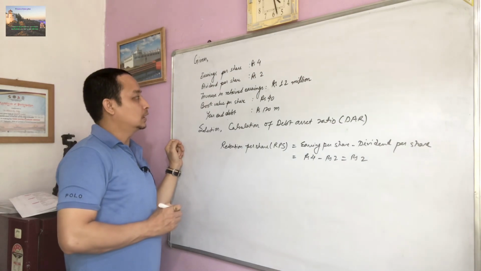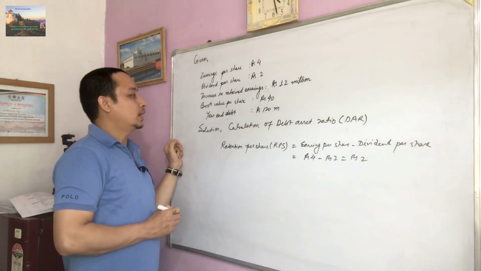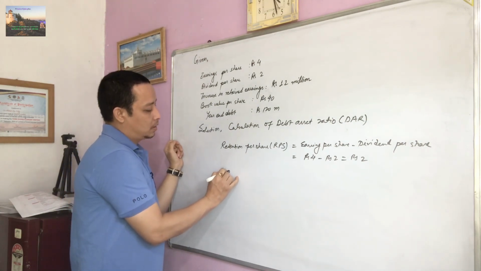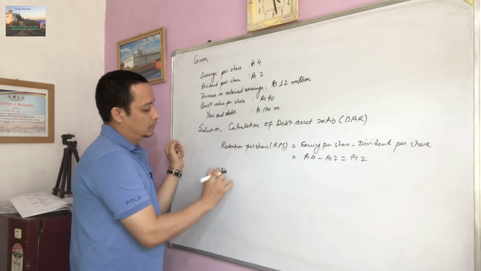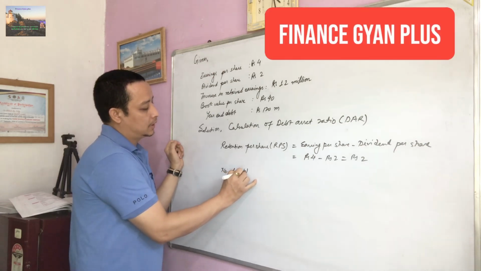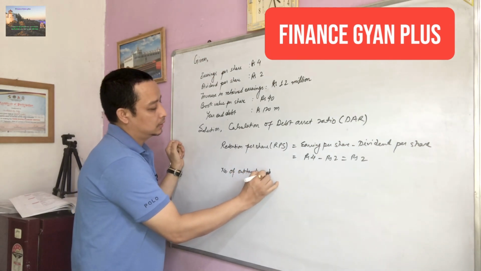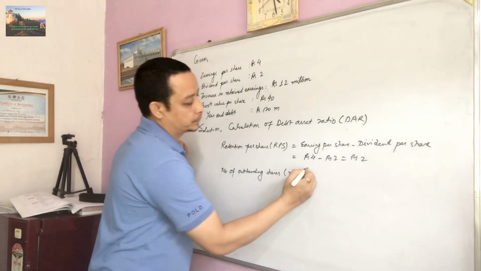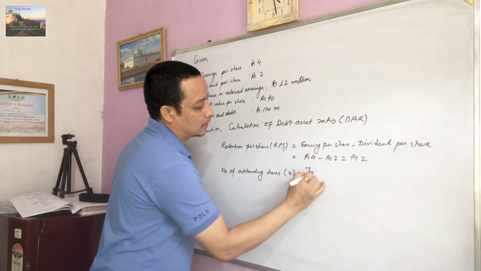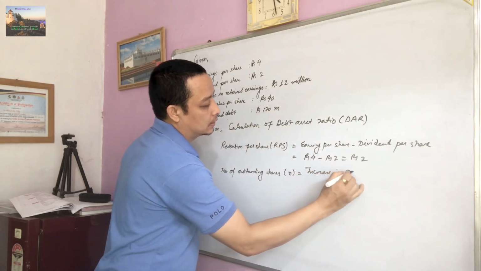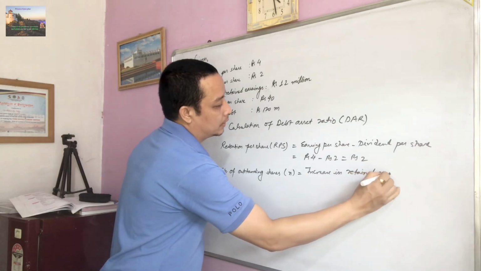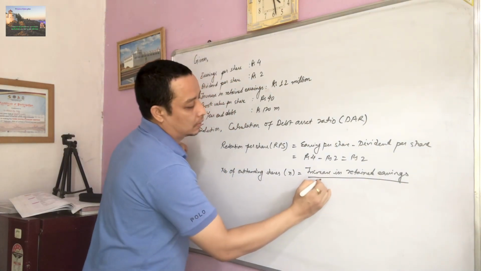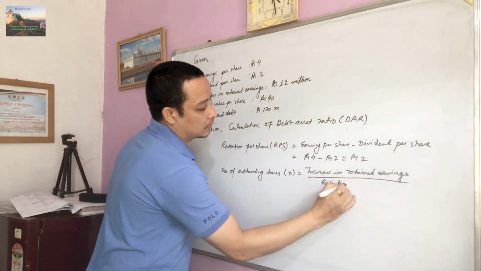Now increase in retained earning is given here rupees 12 million. So now you can use this information to find out the number of outstanding shares. Number of outstanding shares equals increase in retained earnings divided by retention per share.